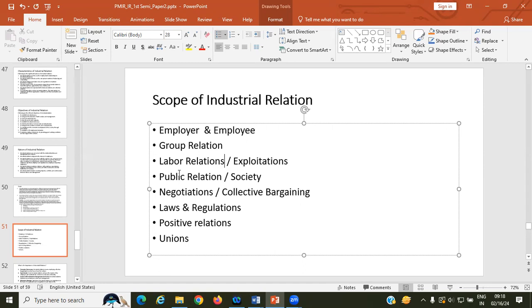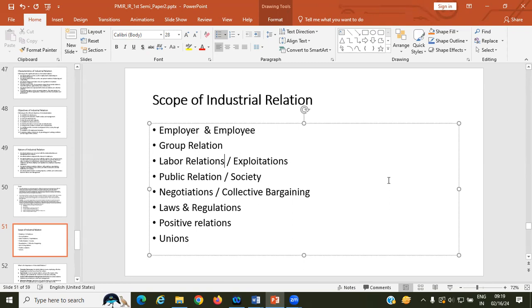Public relations: what type of relations you have in the society. That means suppose you have one industry in that colony, whether you are maintaining proper peace, people are not feeling bad because of you. You are not creating bad pollution. You are not making the colony road dirty, or producing a bad product which is impacting the society.